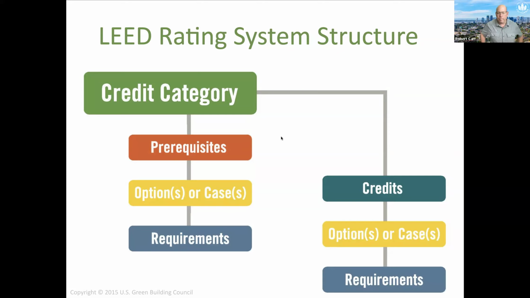Okay, so the LEED rating credit structure is the same whether it's new construction or O&M. You have the credit category, and almost every credit category, except for location and transportation, has prerequisites. Those prerequisites act like any other credit, except that you have to meet them. LEED O&M, I don't know the number offhand, but I think has around 11 or 12 prerequisites.